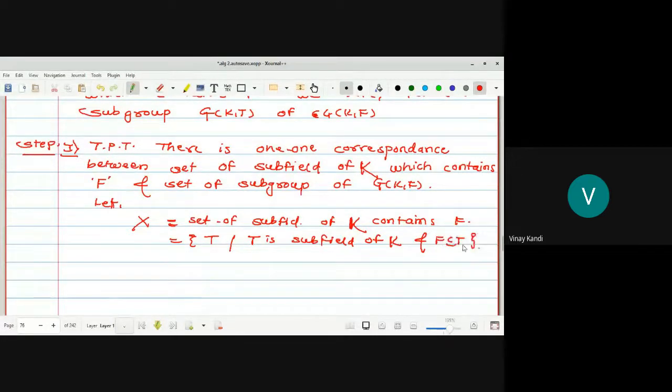Y is equal to the set of subgroups of GKF.